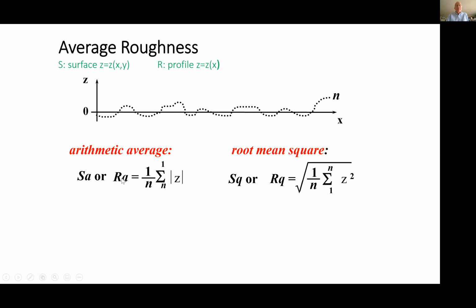But the thing to keep in mind, when I'm dealing with the average, is that one big mountain looks like two little mountains. And since I'm squaring it or taking the absolute value, it's like two little valleys. So we can imagine that these three surfaces would behave very differently in all kinds of situations.